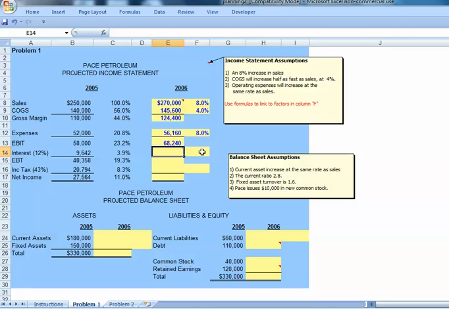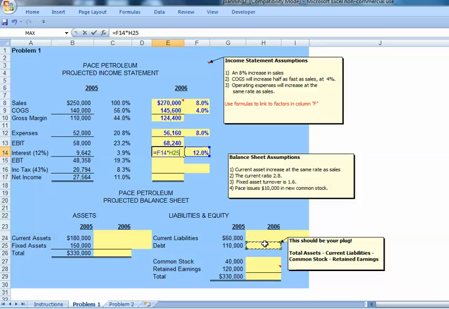Interest expense will equal our interest rate times our debt. We have a 12% interest rate, so let's put 12% over here. We're going to need to link this to debt, so equals our interest rate times, there's no debt on our balance sheet yet, but that's where our debt's going to be, so hit enter.